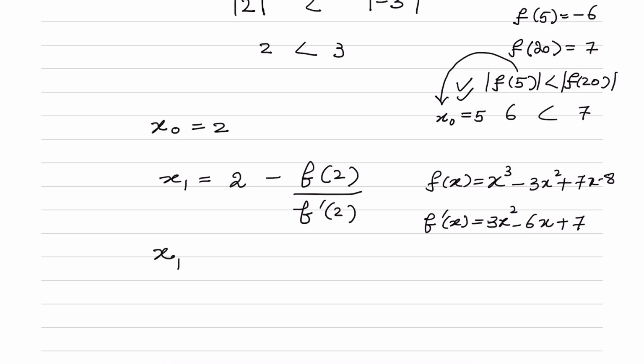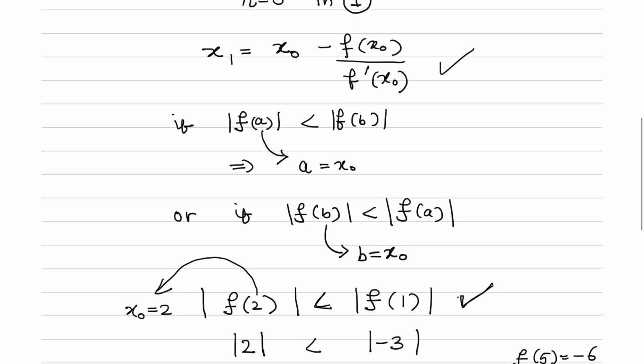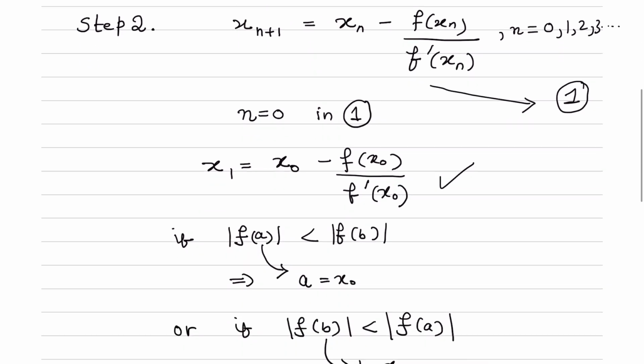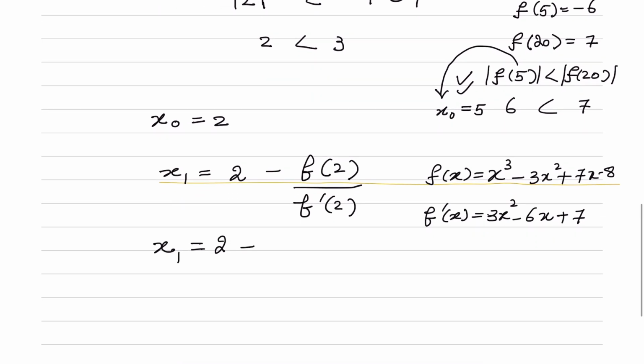So now we will plug in the values for x1, 2 minus f of 2 in the beginning. So x naught is 2 and f of 2 is 2. We'll plug it in here, 2 divided by, we have to find f dash at 2.